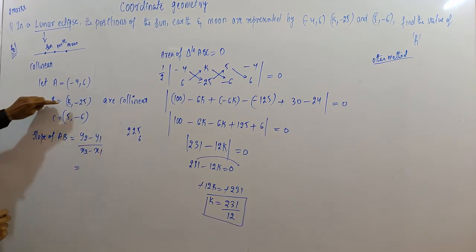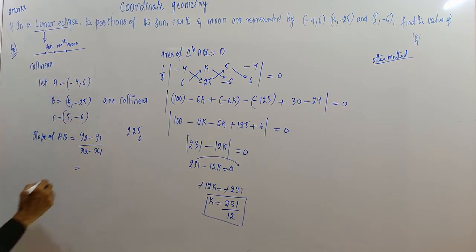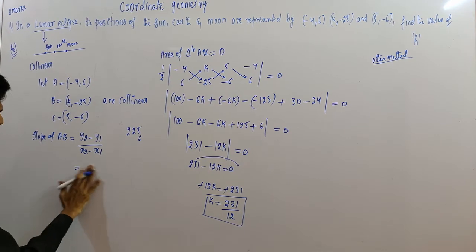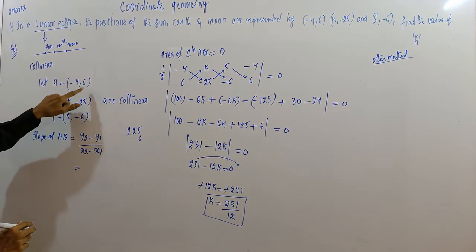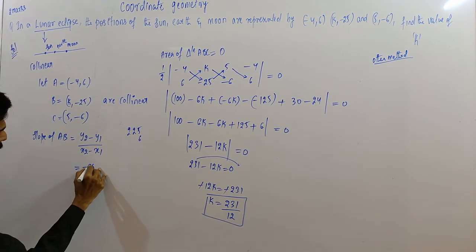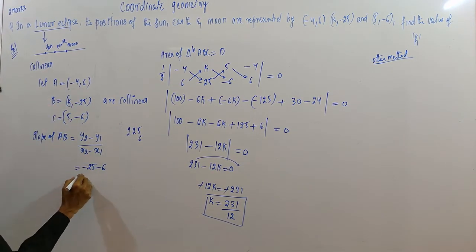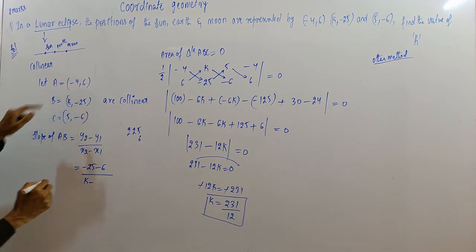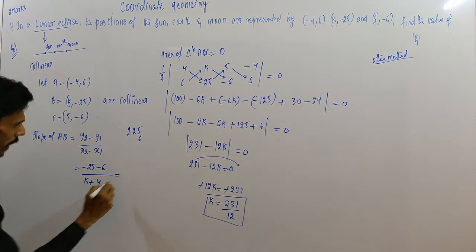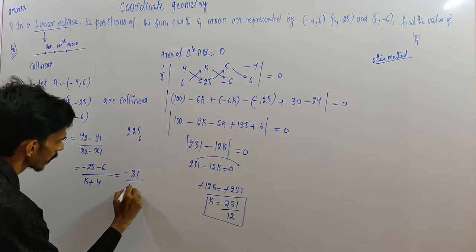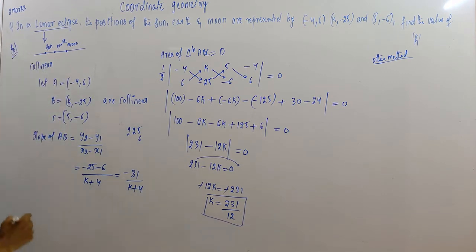Difference in y coordinate: minus 25 minus 6, divided by x2, k minus of minus 4 means plus 4. So we will get minus 31 divided by k plus 4. This is the slope of AB.